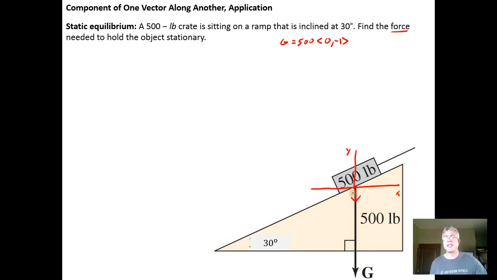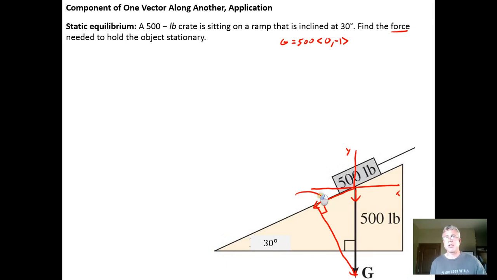So this vector is the force vector acting on the crate. The force vector acting on the crate can be decomposed into two forces: a component acting parallel to the ramp, and a component acting perpendicular to the ramp.